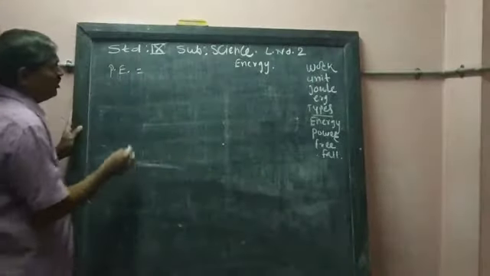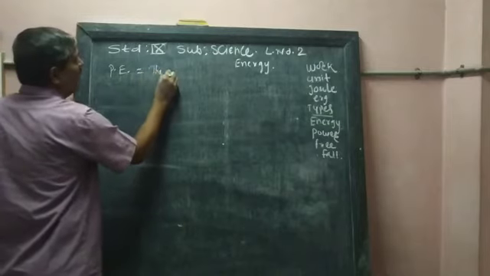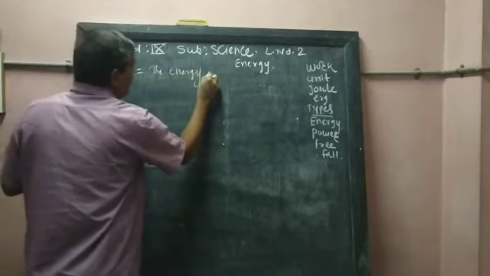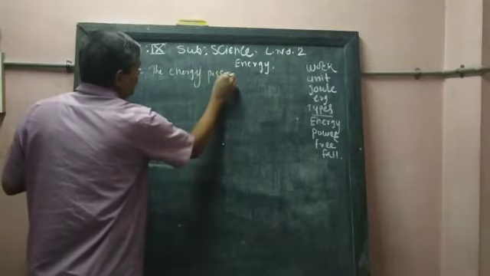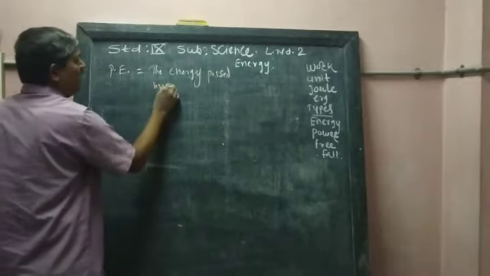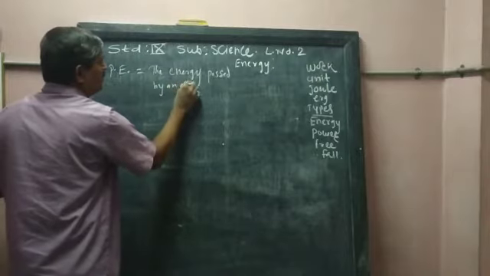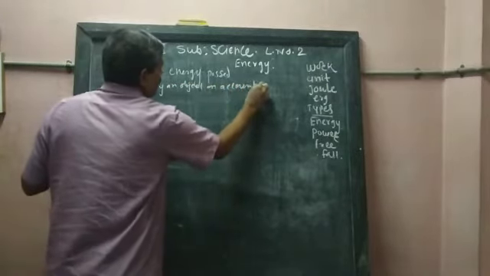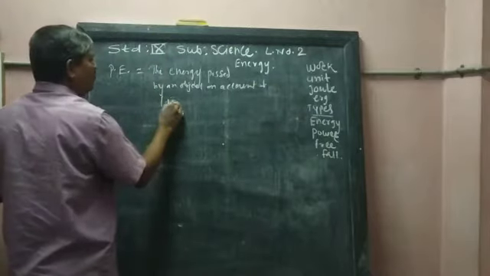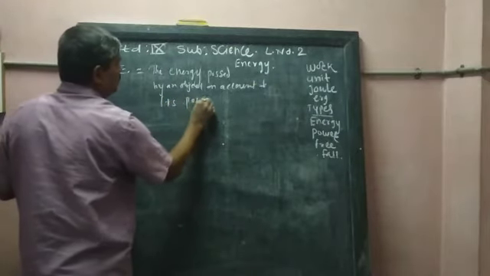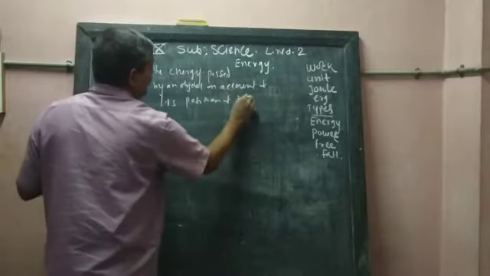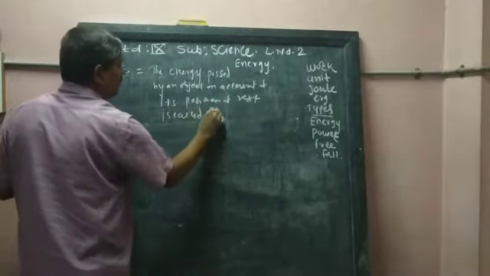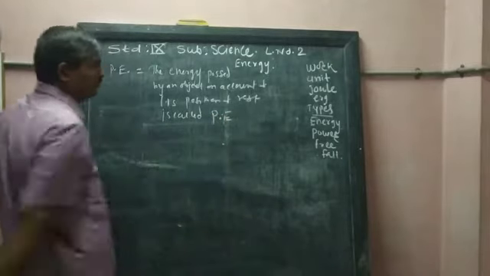So what is the definition? The energy possessed by an object on account of its position of rest is called potential energy.